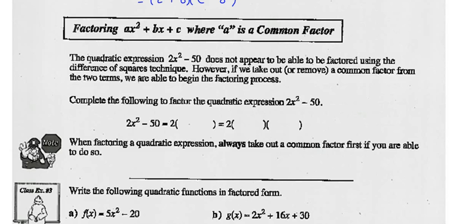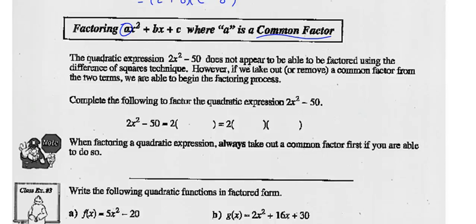Next type of factoring, I'm going to look at common factoring, where there's a common factor. So probably the coefficient of the x squared term is going to be a common factor. So the quadratic expression 2x squared minus 50 does not appear to be factorable using the difference of squares technique because 2 and 50 are not perfect squares.